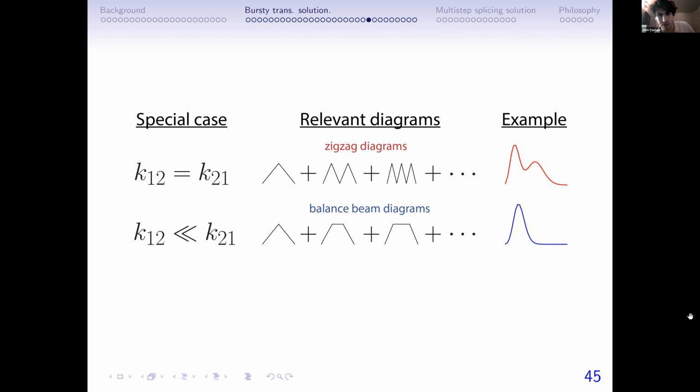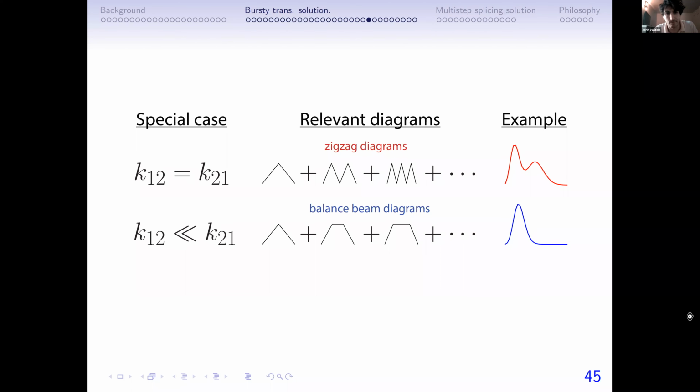And that's also true here. So it turns out if the gene switching rates between the two genes are the same, then only zigzag looking diagrams appear. And it turns out if one switching rate is much bigger than another one, which turns out to be the case in many bursting situations, then you only really need to compute these balance beam looking diagrams.